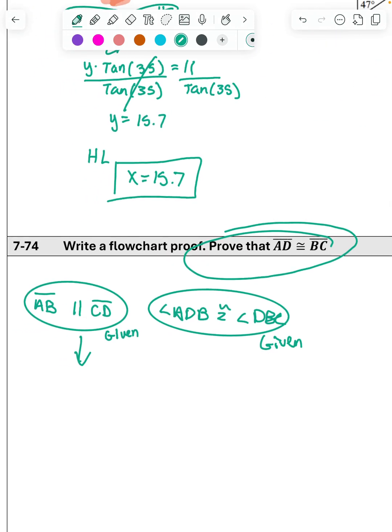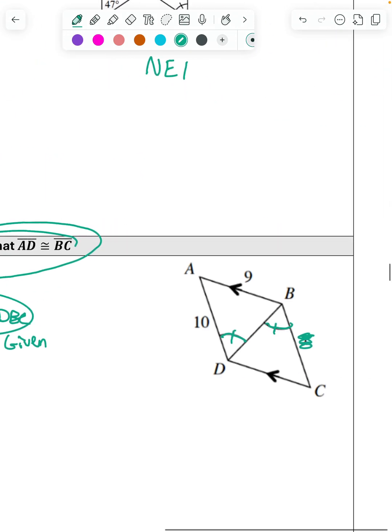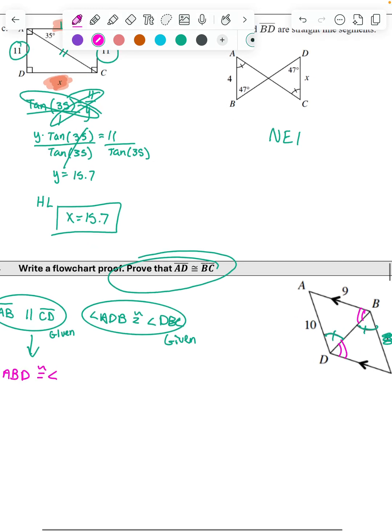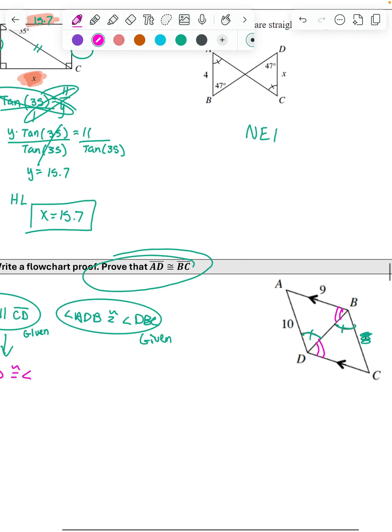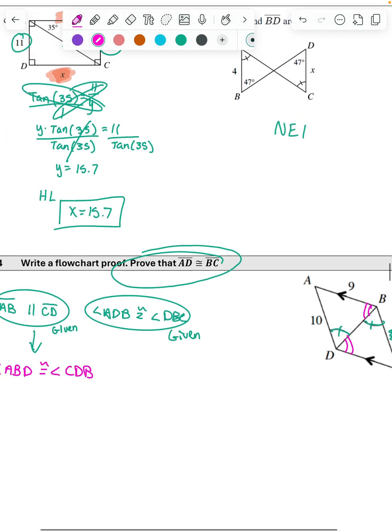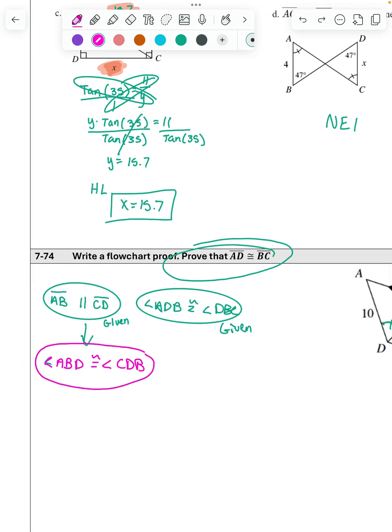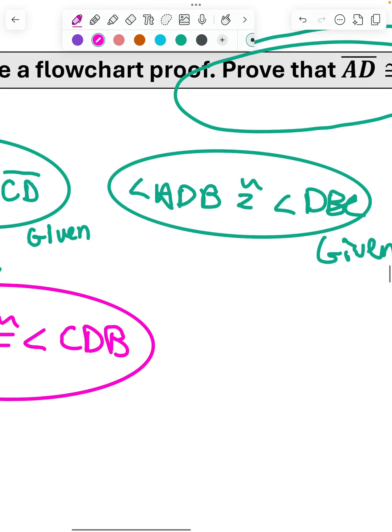I will talk about how these parallel lines mean that that other pair of angles are congruent because they're alternate interior angles, so I'll go ahead and talk about those right here. So angle ABD is congruent to angle CDB. And that is because they are alternate interior angles.